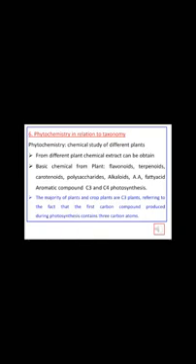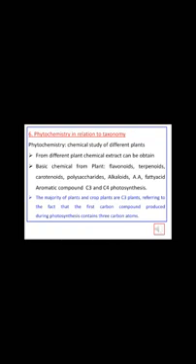The second characteristic of C3 photosynthesis is that C3 photosynthetic plants are confined to cool and wet areas. Remember that 95% of green plants are C3 plants. The rate of photorespiration in C3 plants is also higher.